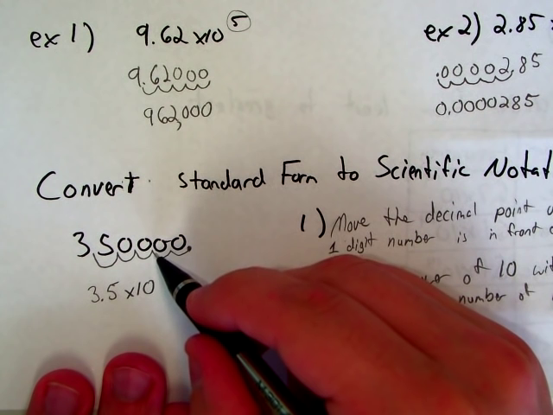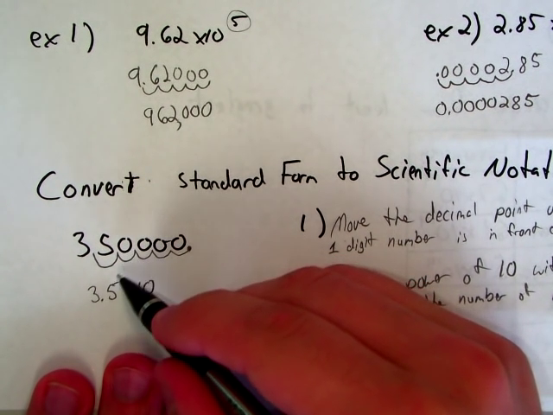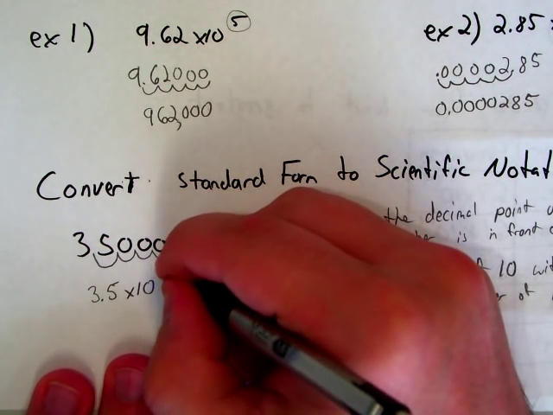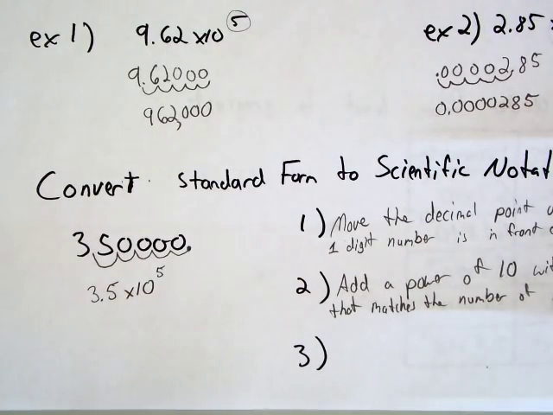So it moved 1 place, 2 places, 3 places, 4 places, 5 places. So this is going to be 3.5 times 10 to the 5th.